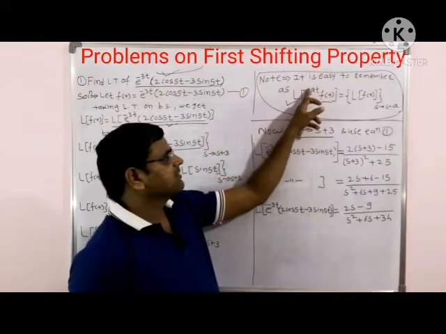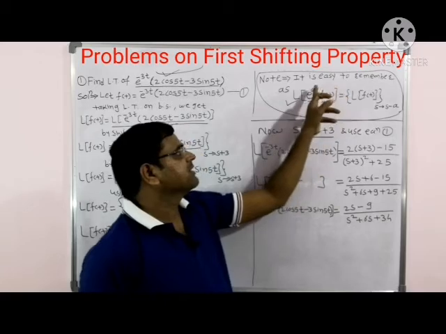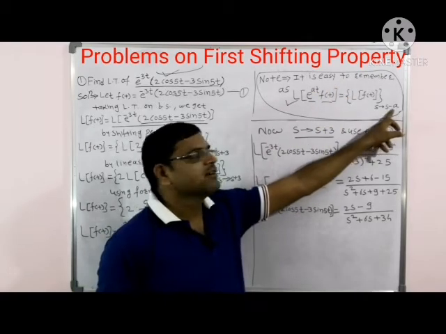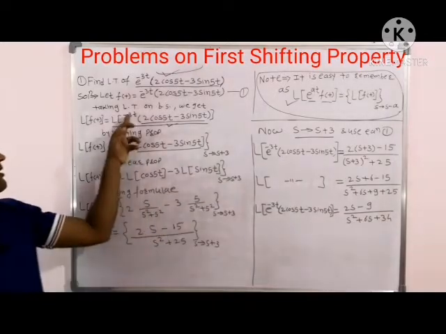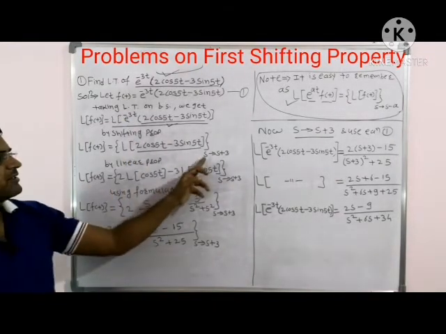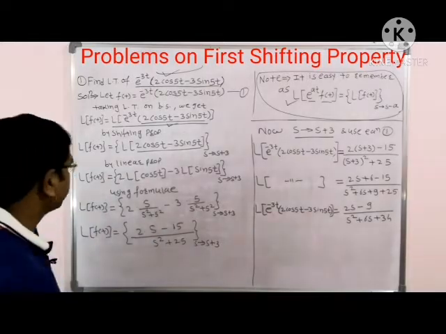If there is a plus sign, then here it is a minus sign; if there is a negative sign, then it is a positive sign. Therefore s is replaced by s + 3, because here it is a minus sign.